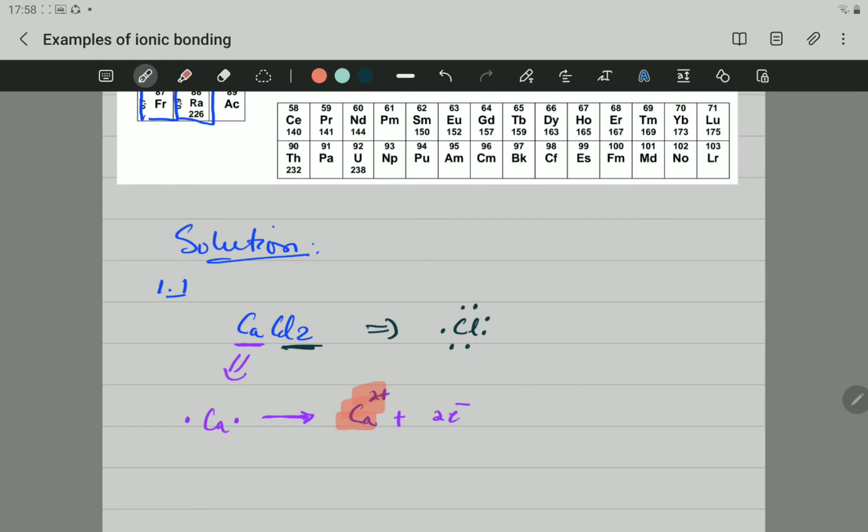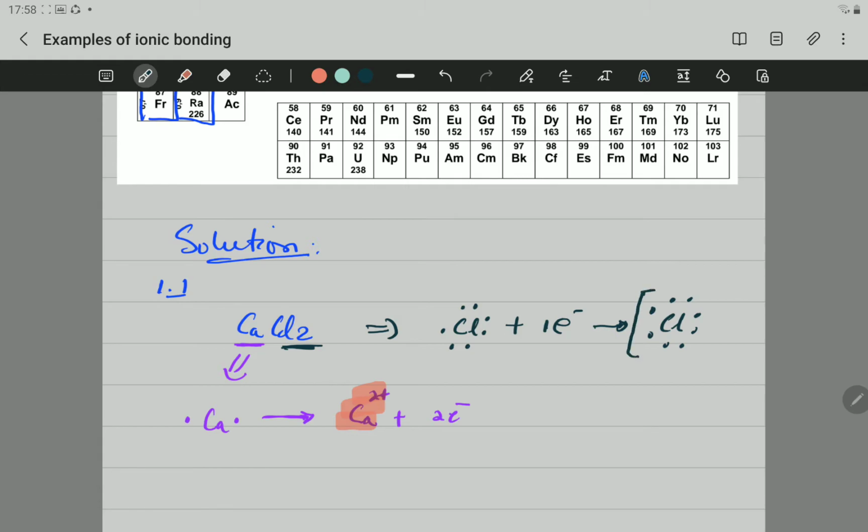Now what does chlorine do? Chlorine gains 1 electron in this case, and it becomes Cl with 8 electrons. It doesn't have 7 anymore, it has 8 now.